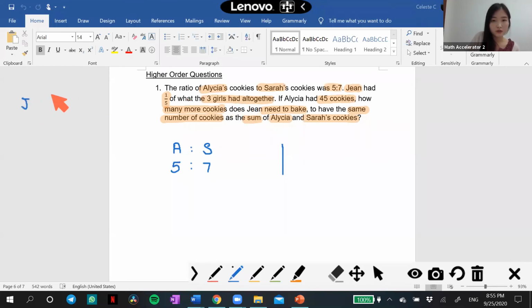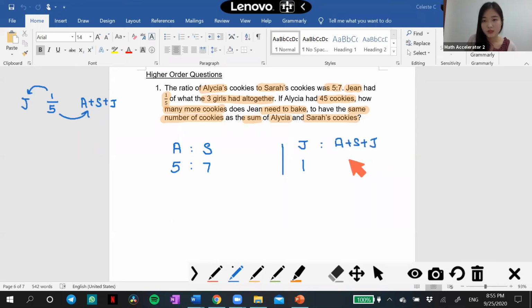Jean, 1/5 of the 3 girls. 3 girls means what? Alicia plus Sarah plus Jean herself. All 3 of them. So draw your arrows. 1/5 of the 3 girls means Jean has 1 unit compared to the total of all of them, which is 5.